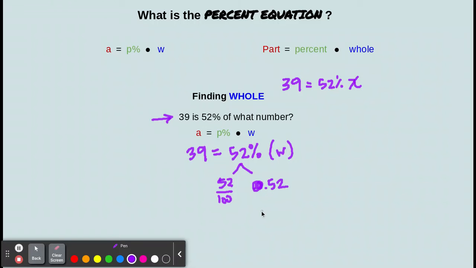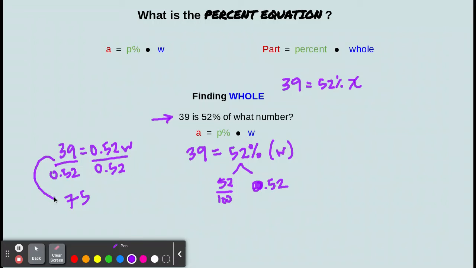Okay, so if we were to use the decimal form this time, we could rewrite this equation as 39 equals 0.52 W. We're going to solve for W, so we're going to divide both sides by 0.52. Remember, the fraction line also means division. So then our answer becomes 75.